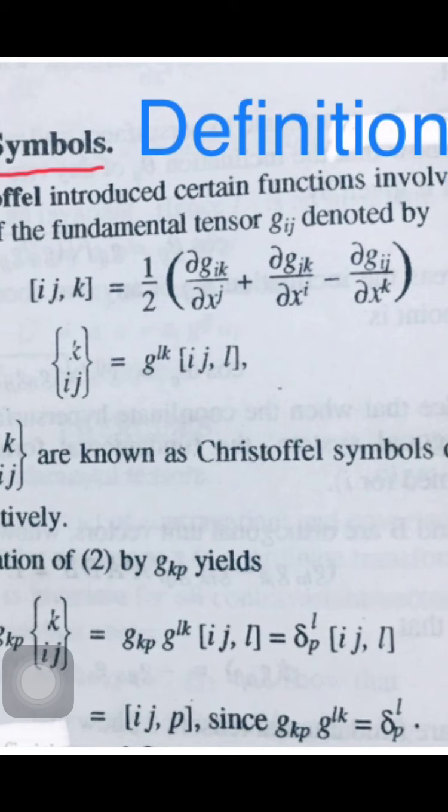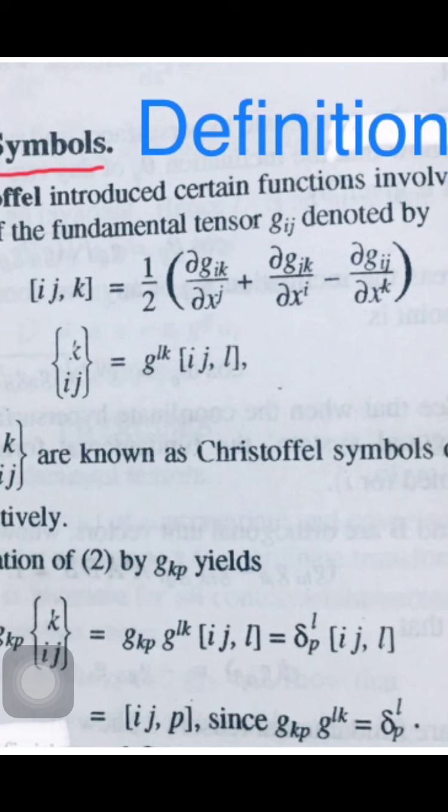Here one important thing: the minus sign is taken with the derivative of g_ij. i and j are the first two indices in the notation, and the third index is k alone. Whenever we differentiate with respect to the third index, we take a negative sign. This is the representation of the first kind of Christoffel symbol in row notation, [ij, k].